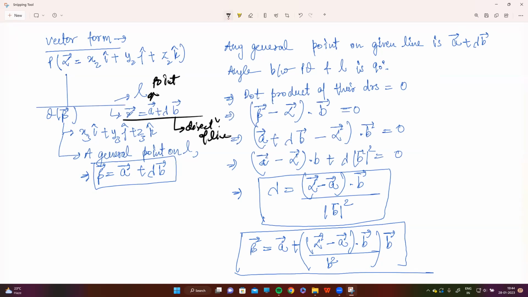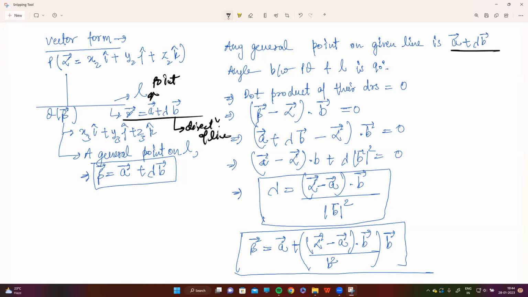So every point of the line must be of the form a plus lambda b. Now beta, the foot of perpendicular, is also a point on the line, so it can be expressed as a plus lambda b. Any general point on the given line is a plus lambda b.